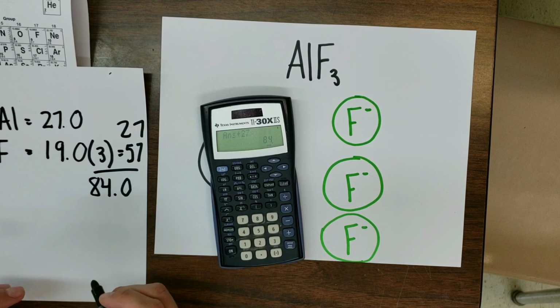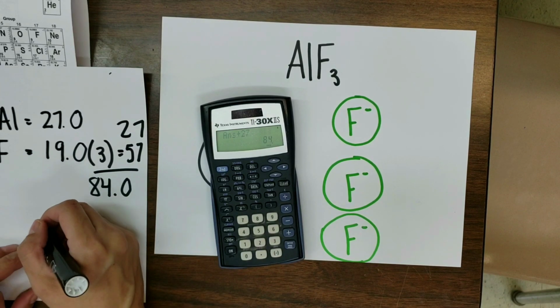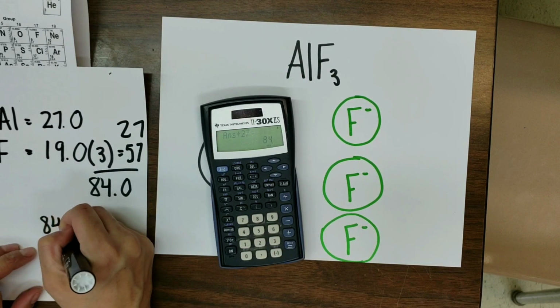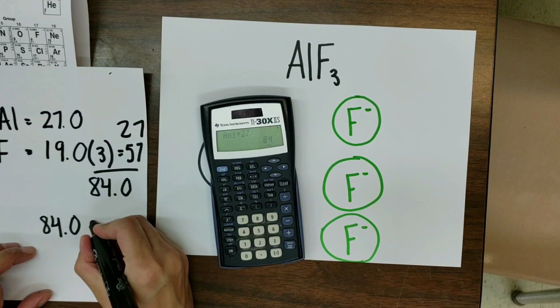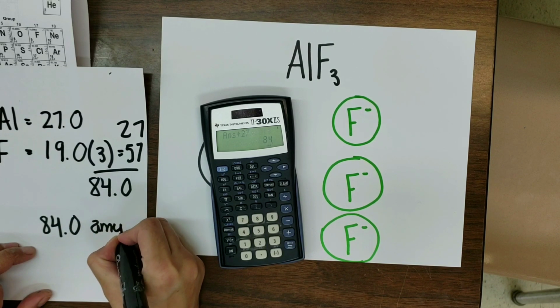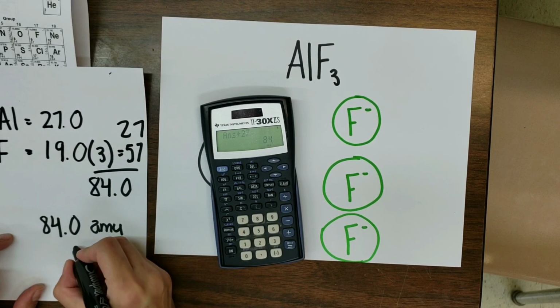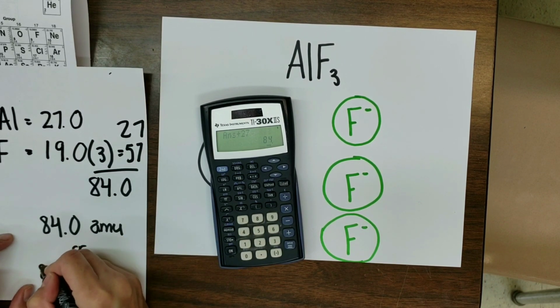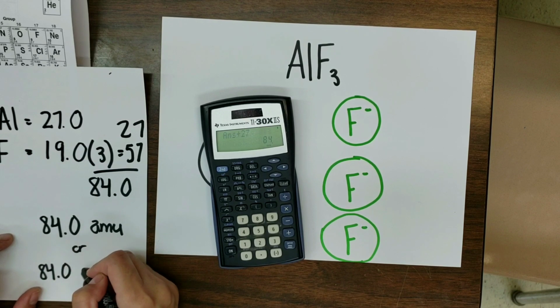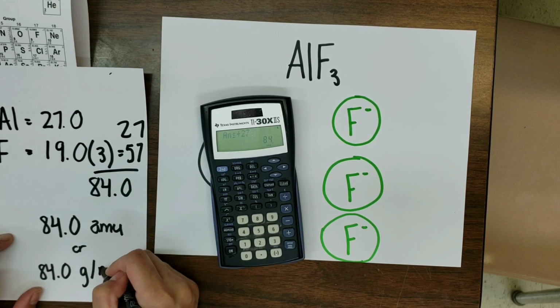Now, when we report an answer for gram formula mass, we can either use the units atomic mass units, a derived unit where a proton is 1, a neutron weighs 1, and an electron weighs nothing. Or you can report the same number with the units of grams per mole.